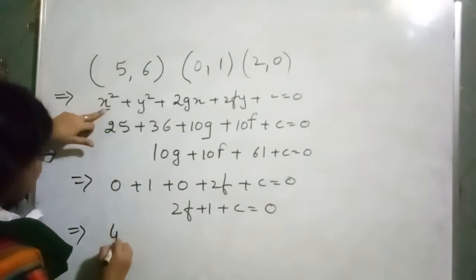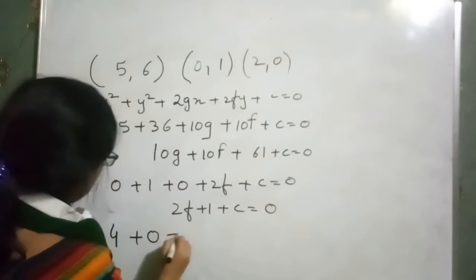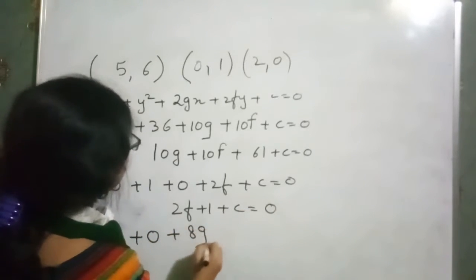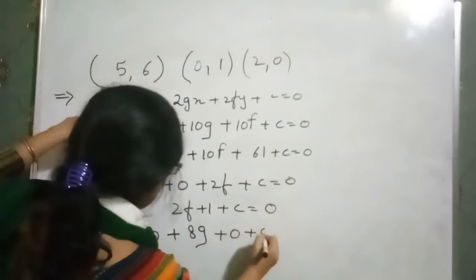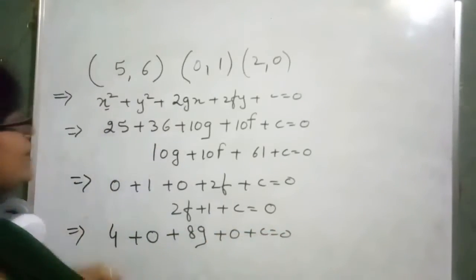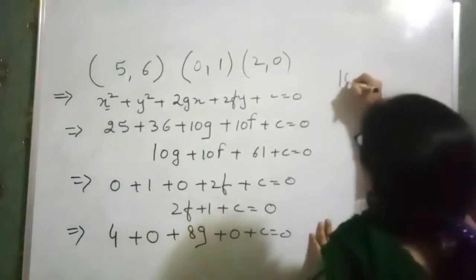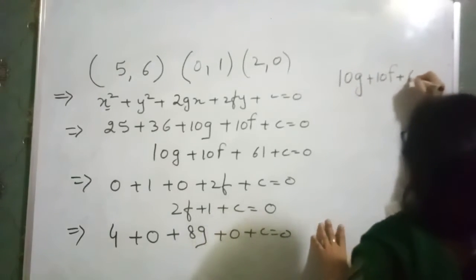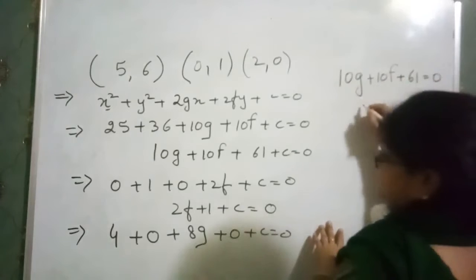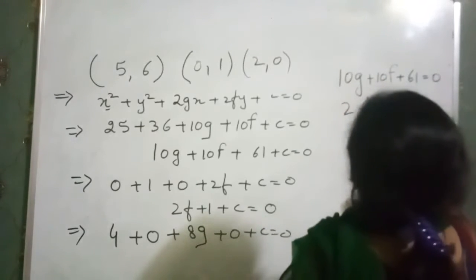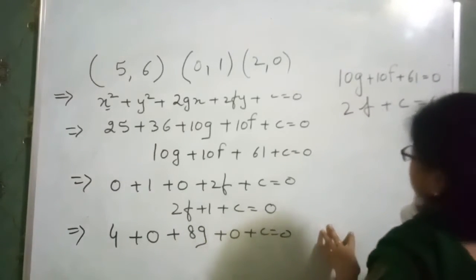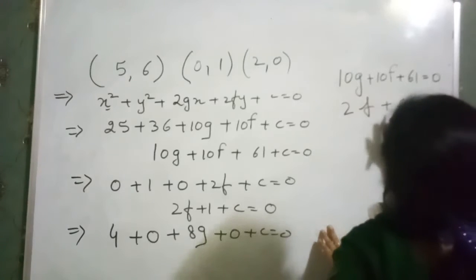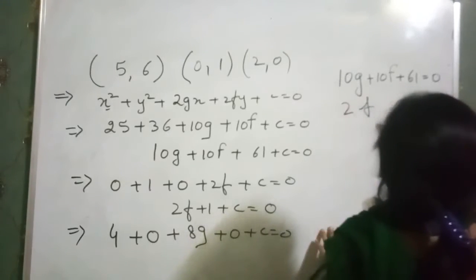So we have 4 plus 0, 2 4s are 8g plus 0 plus c is equal to 0. So we have 3 equations: 10g plus 12f plus 61 plus c is equal to 0, then 2f plus 1 plus c is equal to 0.